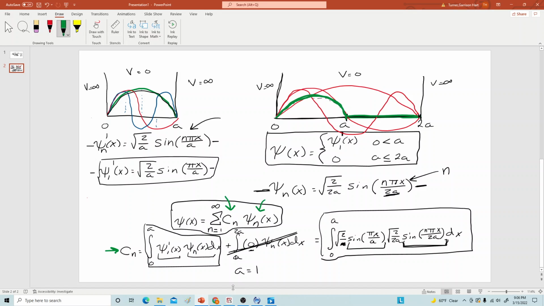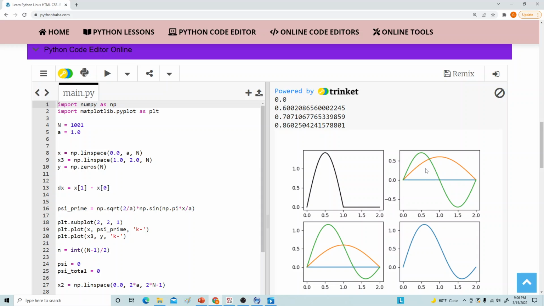And the second plot shows the expanded well's series of complete functions, as many as I've plotted. Now I've only plotted the first 2, but you can see the first one is just half of the loop, or half of the sine cycle, and the second state is the full sine cycle.